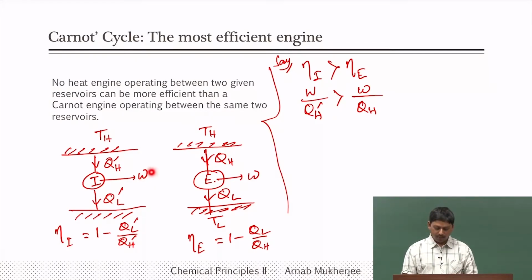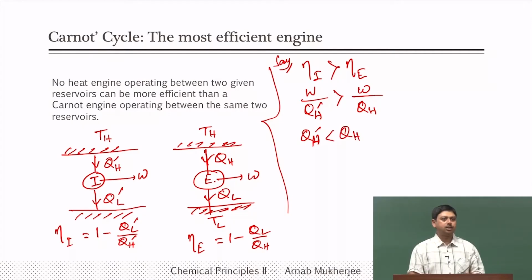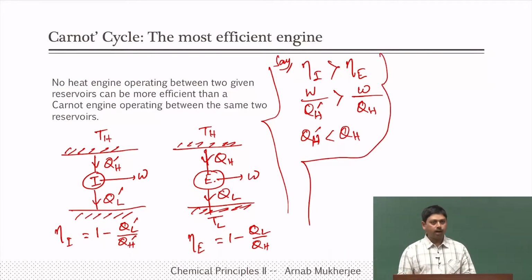We have kept the work the same, but the efficiency is different. W is the work output, which is of course QH prime minus QL prime, and the heat inputs are different. Now you can clearly see that since the efficiency is greater, QH prime should be smaller than QH if the efficiency of the irreversible engine is higher than that of the Carnot engine. Now, let us see what is going to happen.